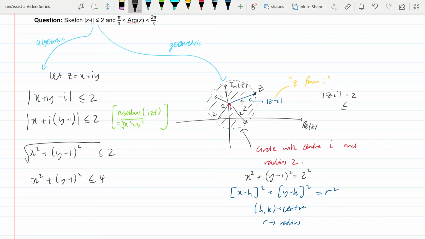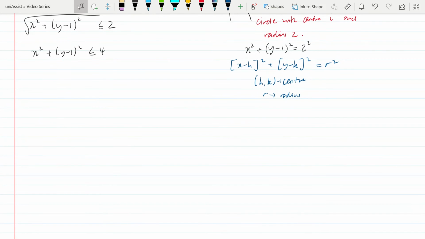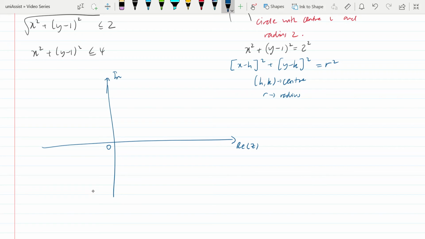So now that I've confirmed the first part of the question, I will draw it out. It's always good to do nice big drawings to make everything clear. So my center is at 0, 1 and my radius is 2. So let's just extend out this upper limit here.